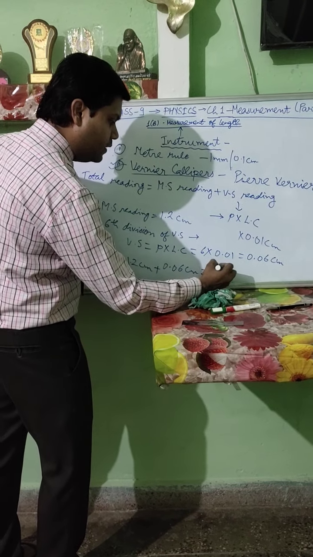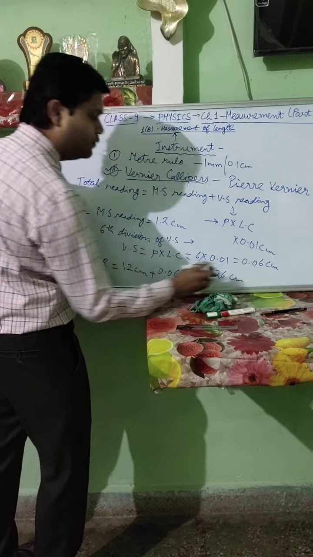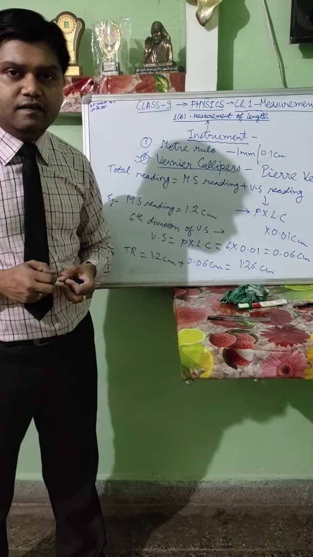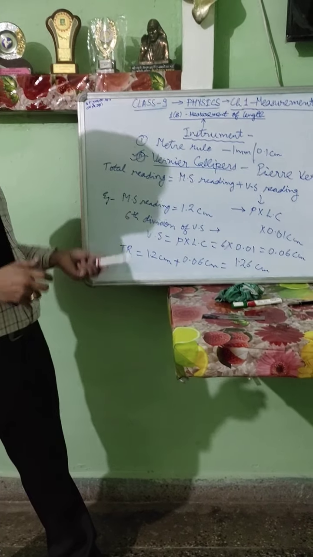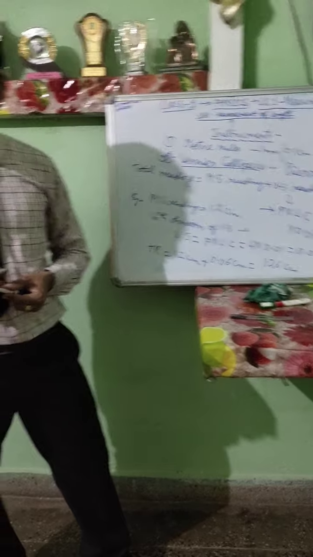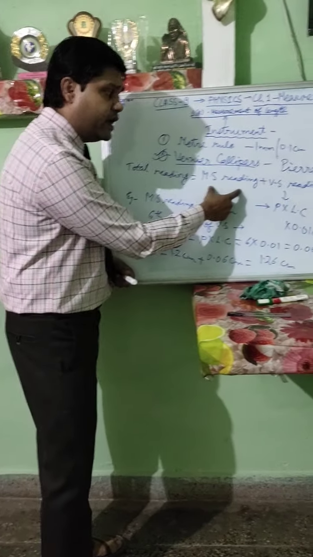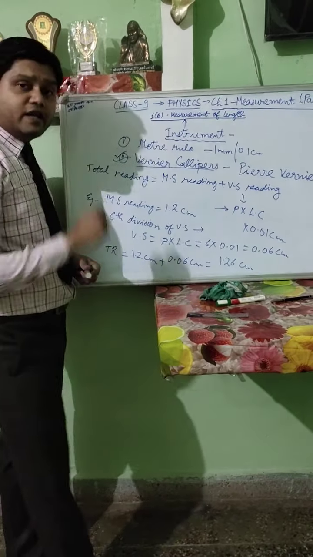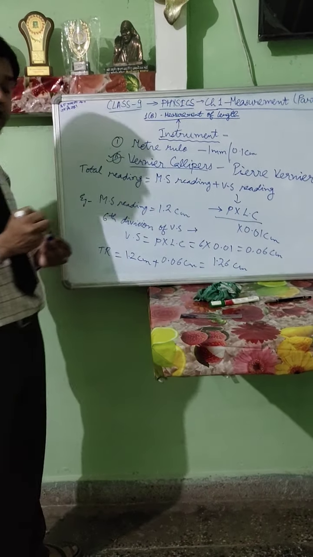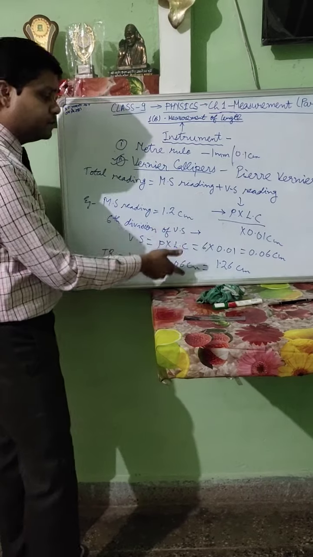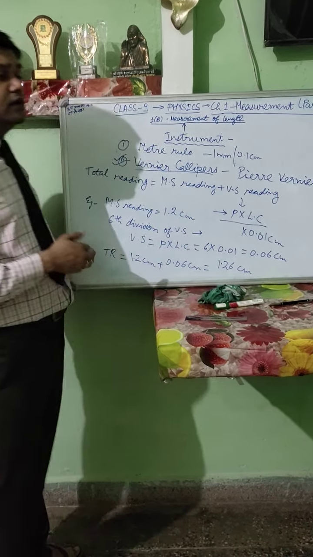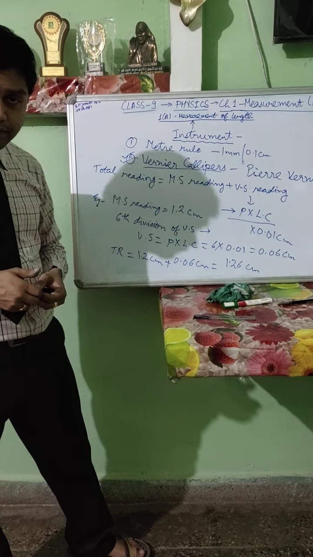If we sum up, the total length of the object up to 2 decimal places will be 1.26 centimeter. In this way, the numericals will be coming. For finding out the length of the objects, you have to see the main scale reading and then vernier scale reading. For finding out vernier scale reading, you will use the formula P into least count, and after finding vernier scale reading, you will sum up and be able to find the answer.